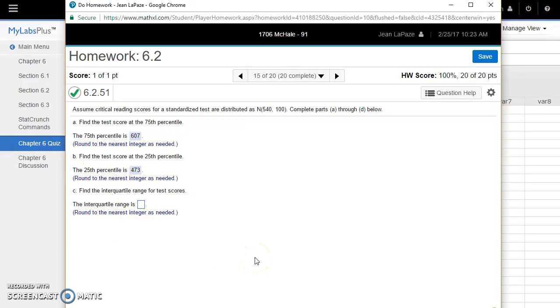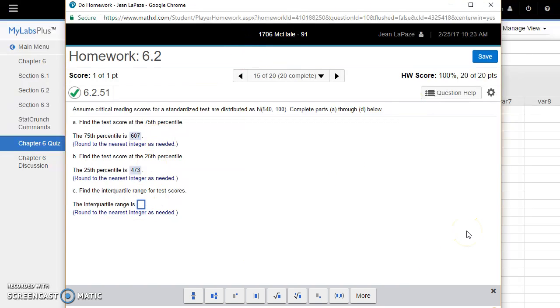So essentially, all we need to do is subtract the 25th from the 75th. So from 607, we will subtract 473, and that will give us a value of 134.